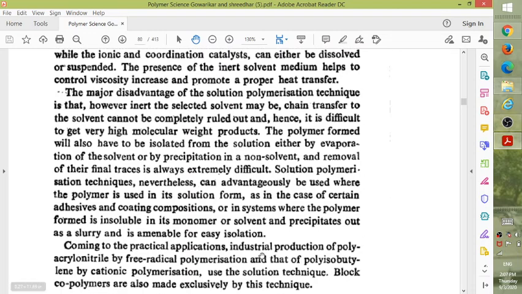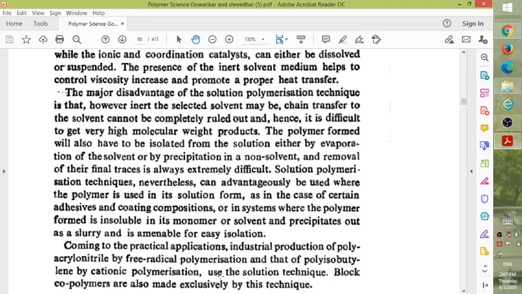Coming to the practical application, industrial production of PAN, polyacrylonitrile by free radical polymerization, and that of polyisobutylene by cationic polymerization use the solution technique.